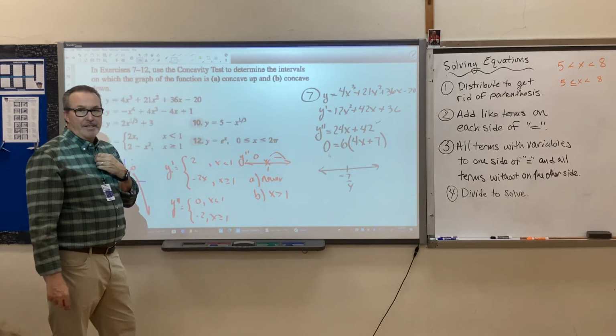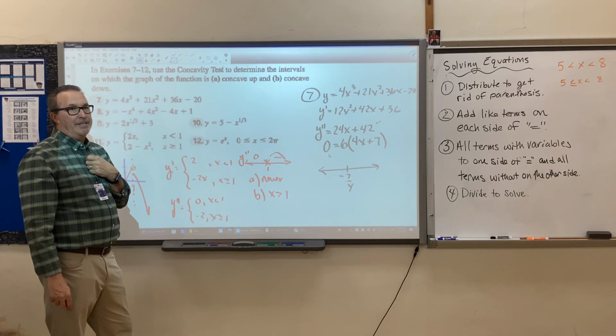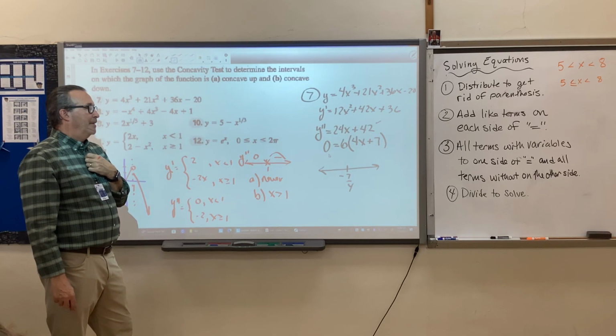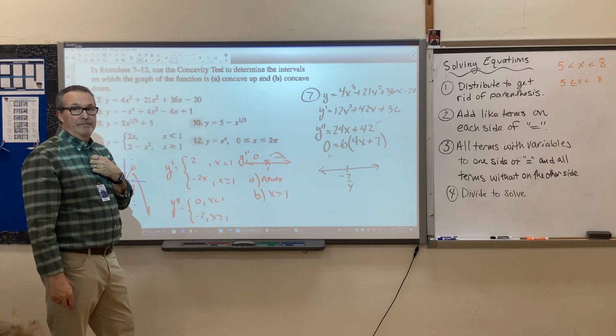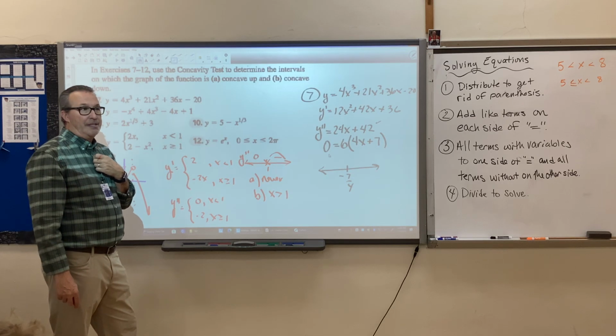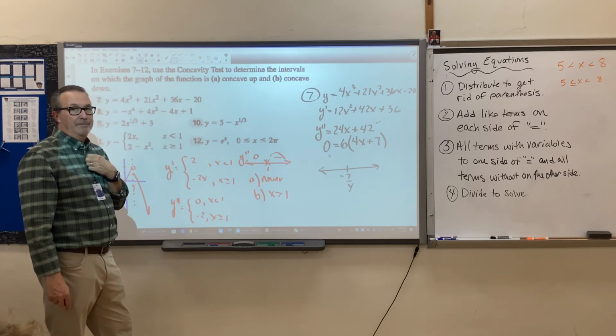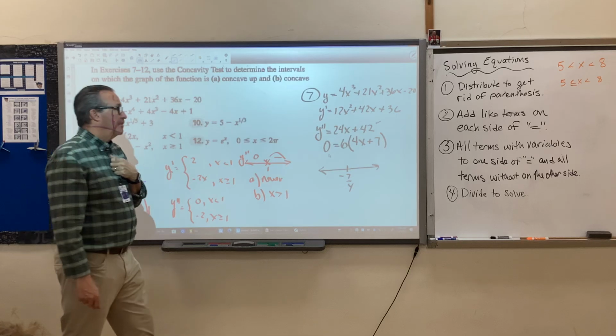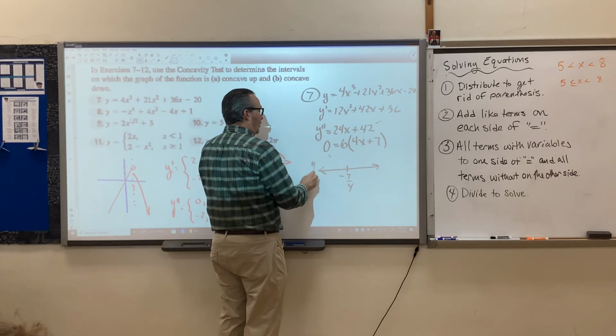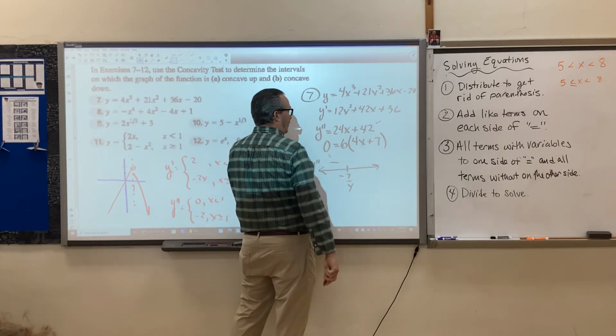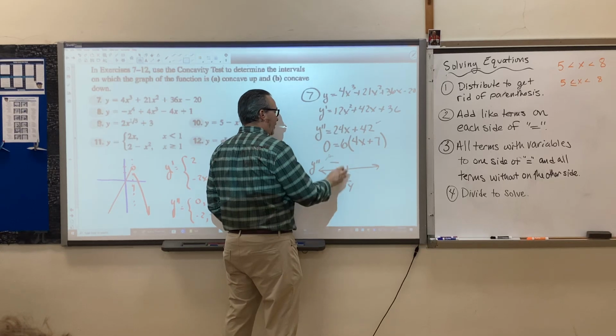So what's the sign in the second derivative to the left of -7/4? Or -500. Sign in the second derivative. So this is labeled as negative. That means the function's concave down there.